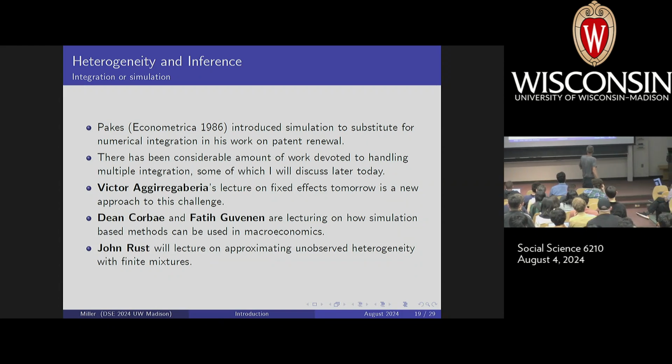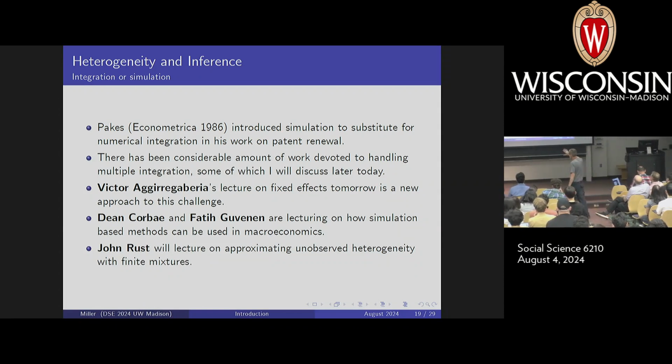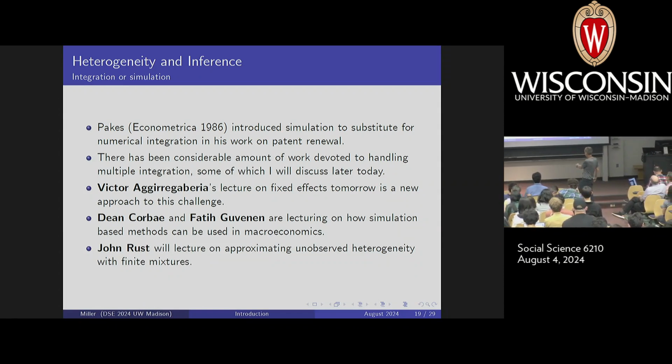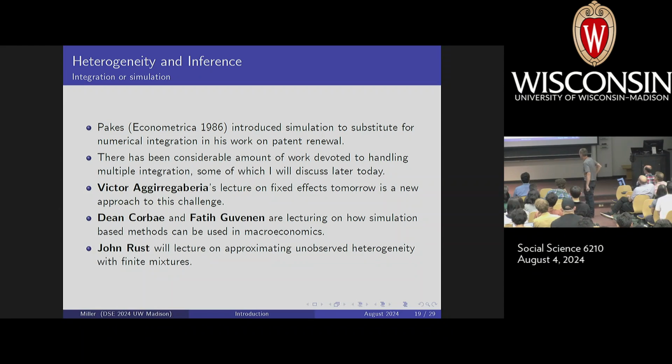And there has been a fair bit of work since then on dealing with integration. Ariel himself contributed, but a bunch of other stuff. And in fact, John will be talking about dealing with this in terms of using finite mixtures later on. Invicta is also going to talk about this later on as well.